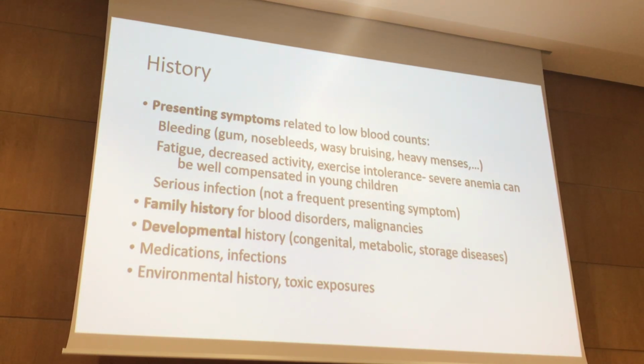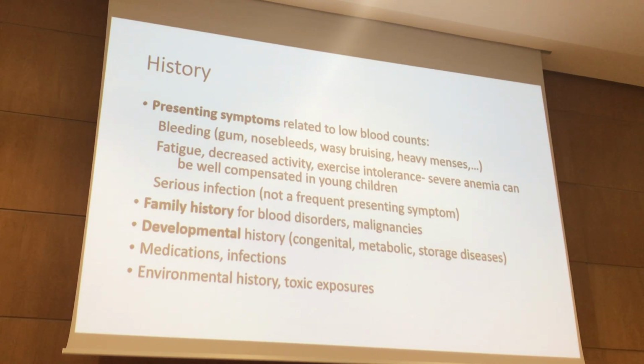And also you should be able to differentiate between malignancies. Developmental history, congenital disorders, and metabolic storage diseases should be asked for. Use of medications and presence of infections is a very important part of the history for those patients.